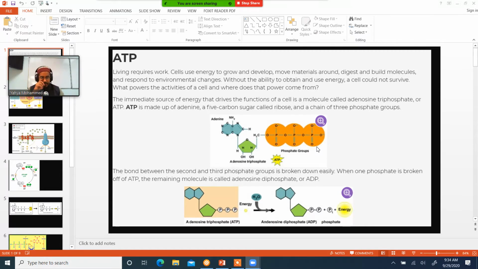That's the idea here. When you break the bond, that releases energy and that produces work. Down here on this bottom picture, you have the three phosphate groups, 1, 2, 3. But when the last one is broken and goes off by itself, that releases energy in the process. Any questions about this one so far?